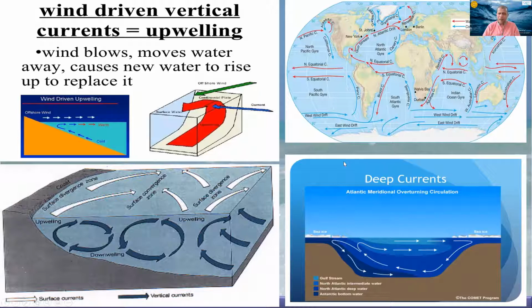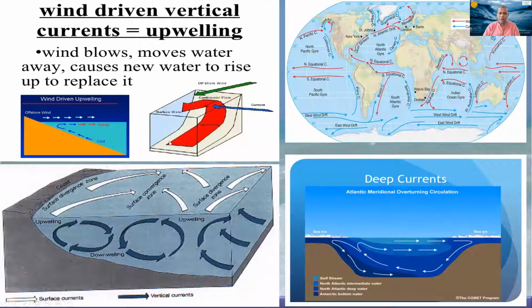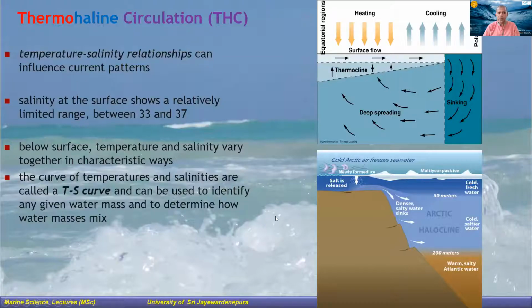So these processes are very important for the ocean, not only the coastal zone, but also the deep waters, right? Now, this kind of ocean current movement we call thermohaline circulation, because this ocean current movement is mainly because of temperature and salinity changes, and that's why we call it thermohaline circulation, or THC.